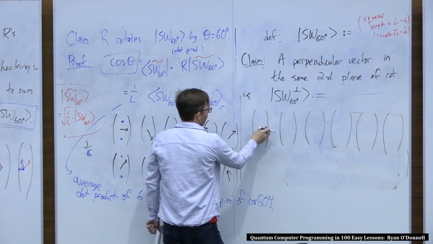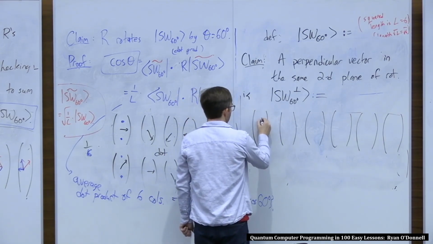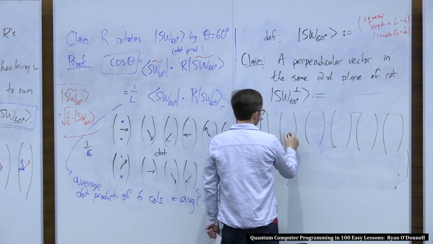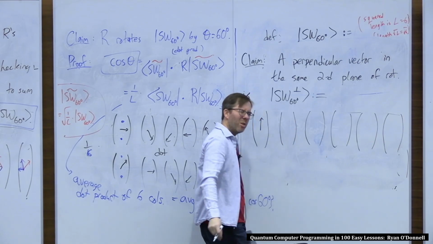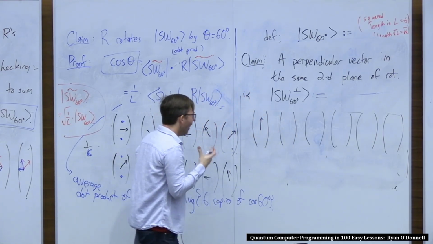So SW is where you start with the horizontal vector and then rotate it clockwise by 60 degrees. This one is just going to start at up. Now it's even more like a clock. You start at noon, and then you go 60 degrees, 2 o'clock. Oh great, I should have had this in my mind the whole time. I know where 2 o'clock is.